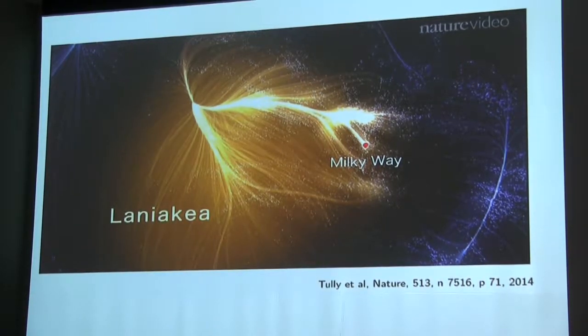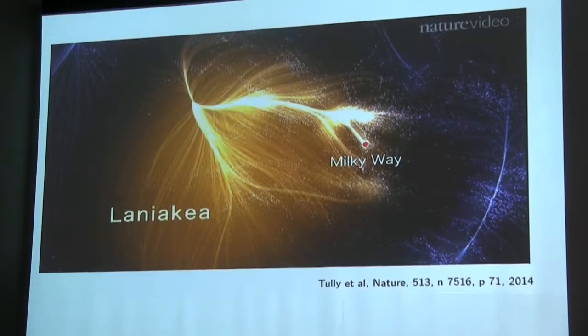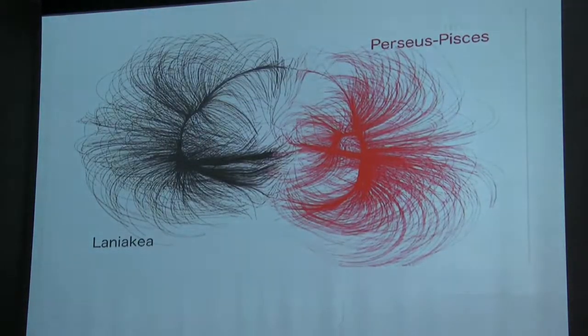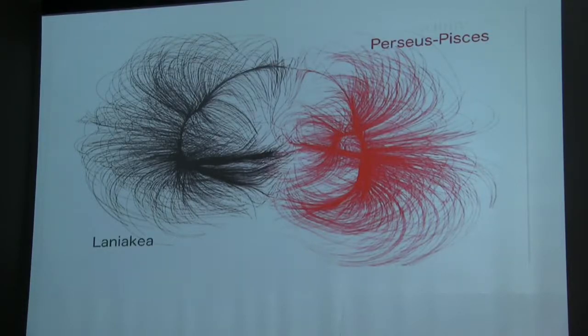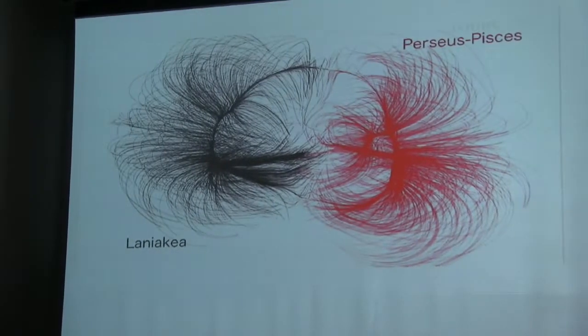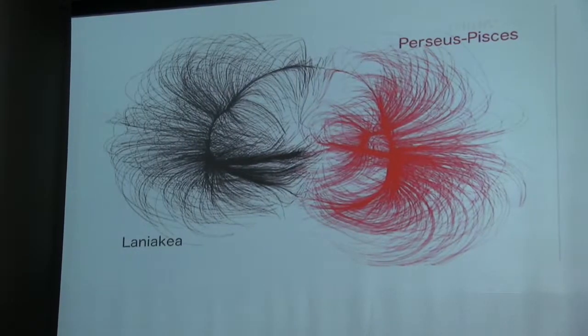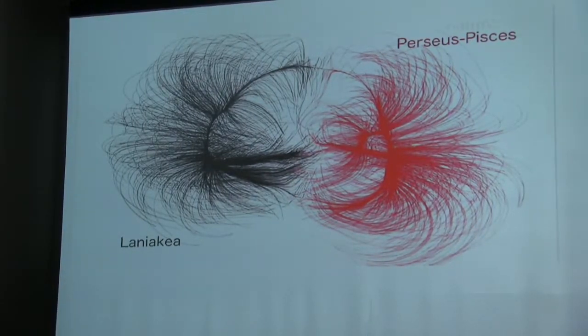And they've been trying to map the flows, Tully and company, Laniakea and the nearest cluster. So I'm very much interested in this as one of the observations, and in fact kind of focusing on that in this talk, on various scales, local universe and possibly bigger as well.